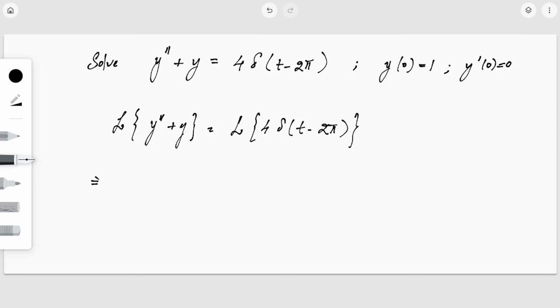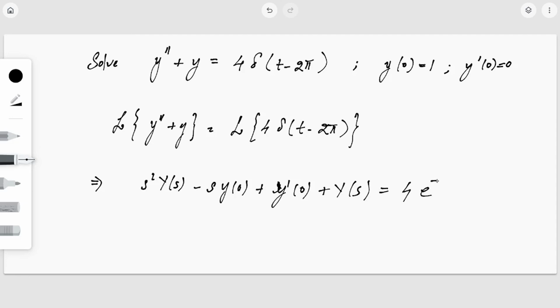So this implies s square into y of s minus s into y of 0 plus s y dash of 0 plus y of s will be equal to 4 into, what is the Laplace transform of Dirac delta function?